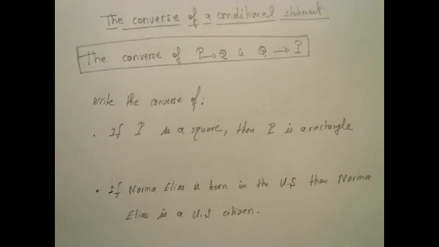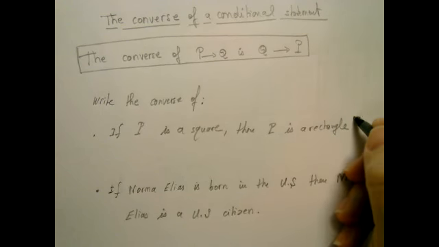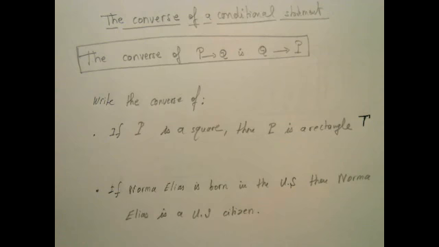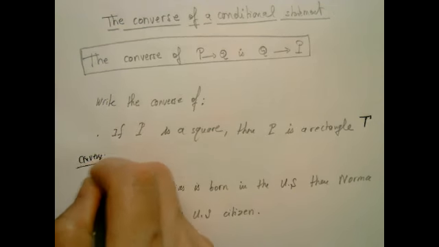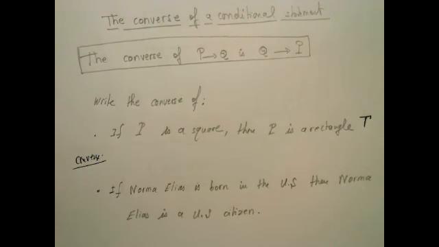Okay. So now let us take the same example. Let's write the converse of: if P is a square, then P is a rectangle. Now we know that this is true, of course. Now what's the converse? The converse is very easy. Just flipping things around. You're not negating. You're not really doing much.